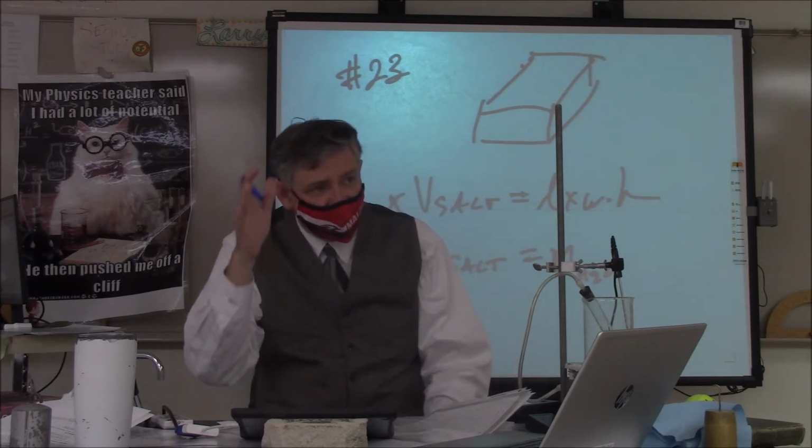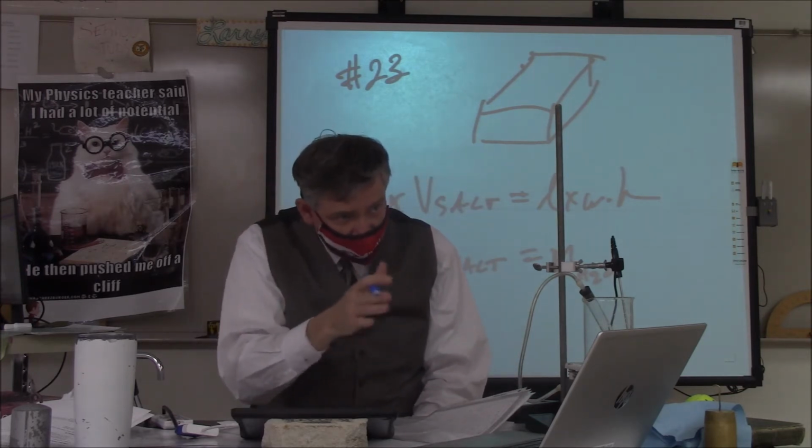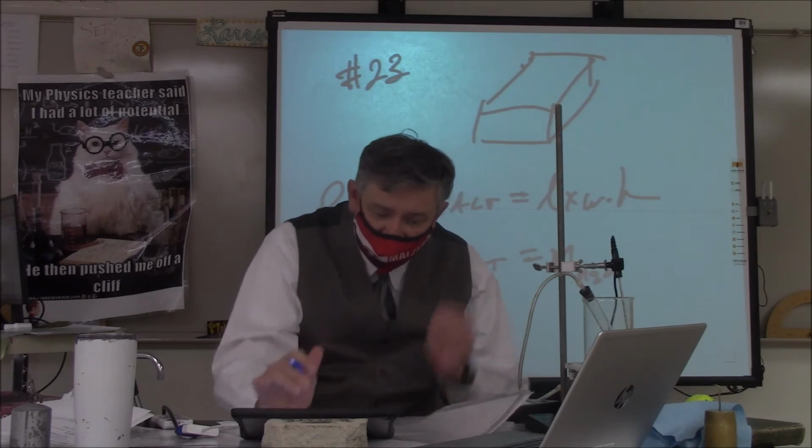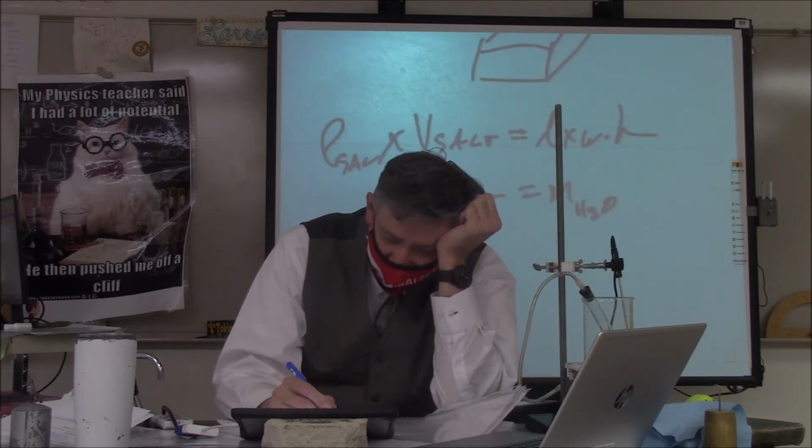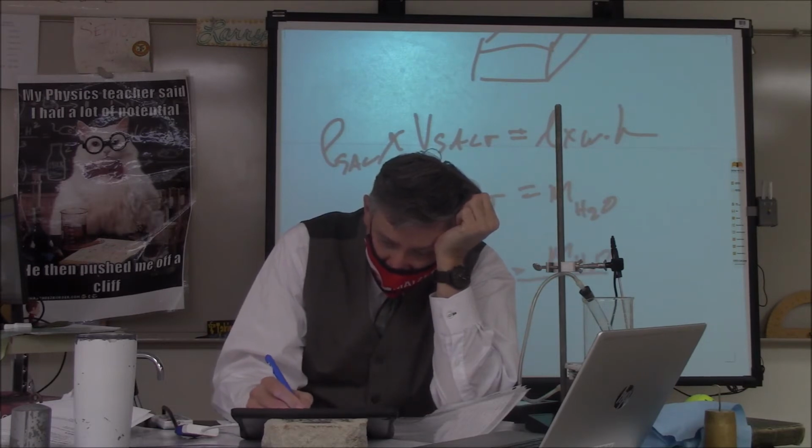Then you need to find the volume of fresh water that equals that mass. To find that volume of the fresh water that you have to displace, take the mass of the water that you have to displace and divide that by the density of the fresh water.